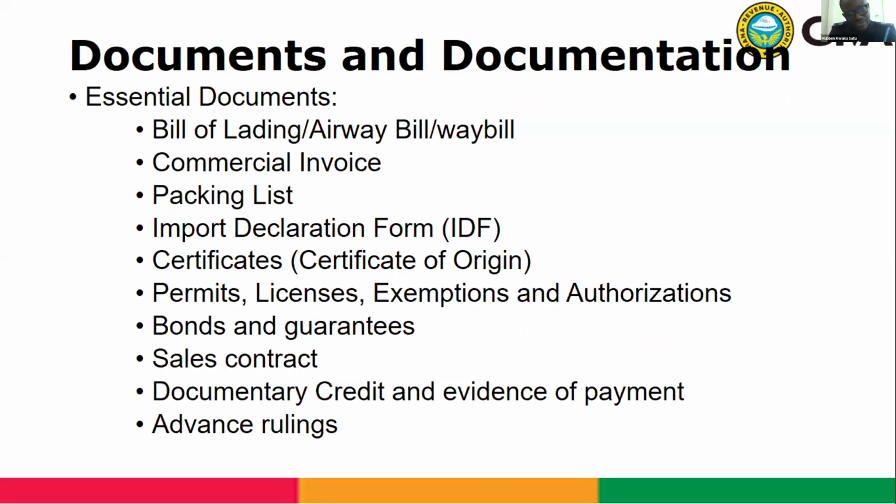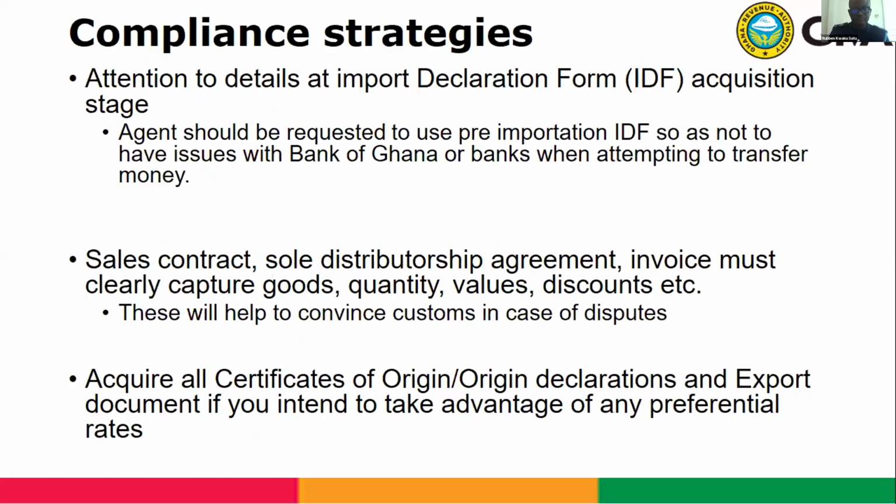Your sales contract must be ready, your documentary credits and evidence of payments, LCs and SWIFT must also be ready. And if you have any advance ruling with Ghana Customs, it must be ready. So these are the documents an importer needs to justify his claim or to defend his transaction so as to be able to pay the applicable tax.